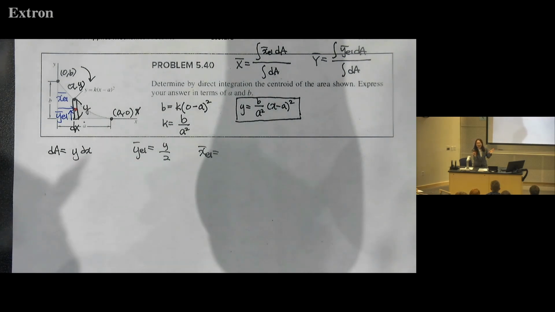If this is x, x minus dx is somewhere here, very close.